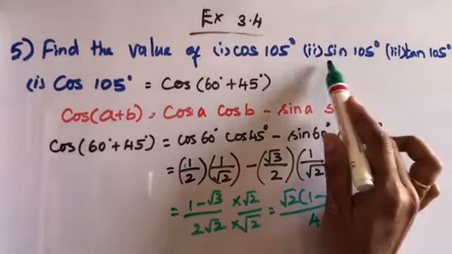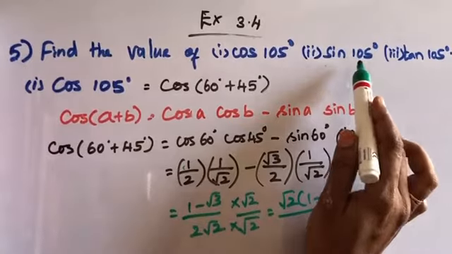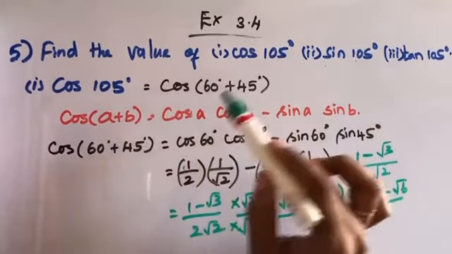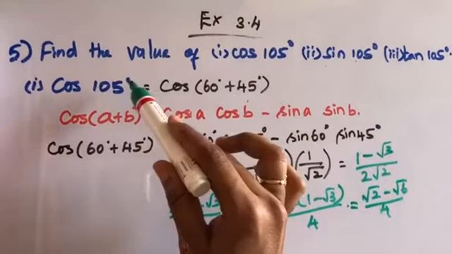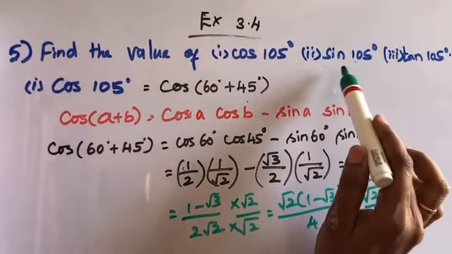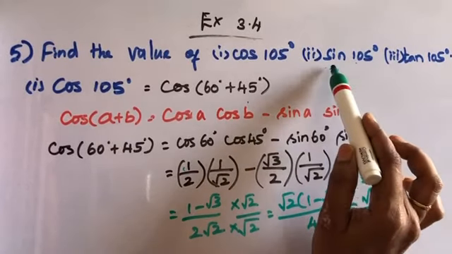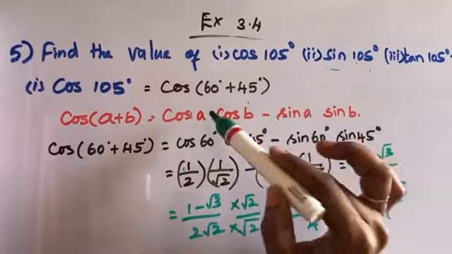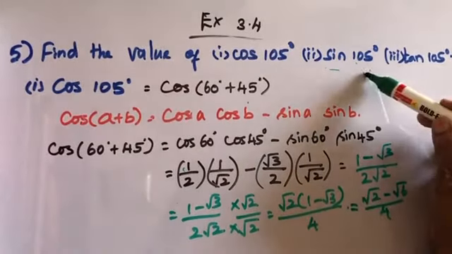Now, the second one, it is sin 105. So, we are going to split 105 as 60 plus 45. With the same method, we are going to find the value for that also. So, sin 60 plus 45, using the sin A plus B formula. You have to find the value as homework.